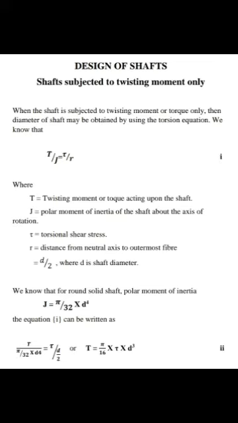If we have a round solid shaft, then naturally the neutral axis passes through the center and the outermost fiber lies at the outer surface. So the distance between neutral axis and outermost fiber will be equal to the radius of the shaft, which is again equal to half of the diameter.